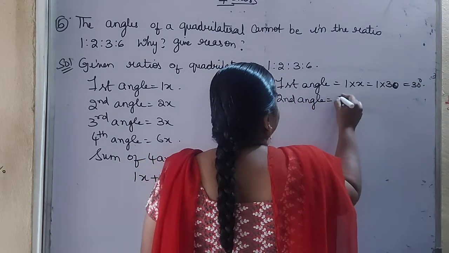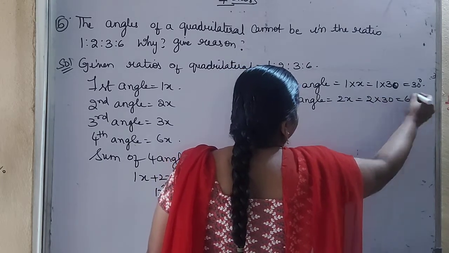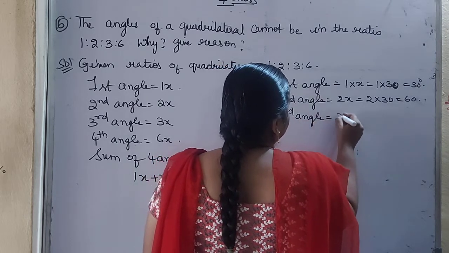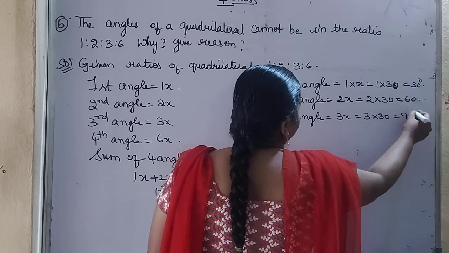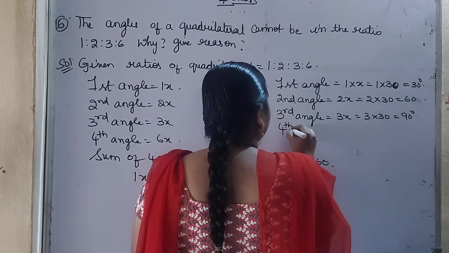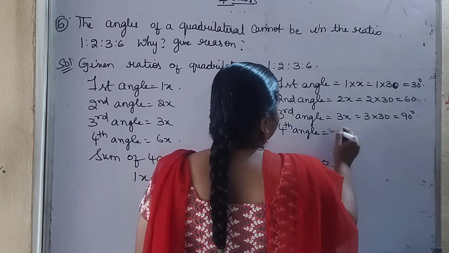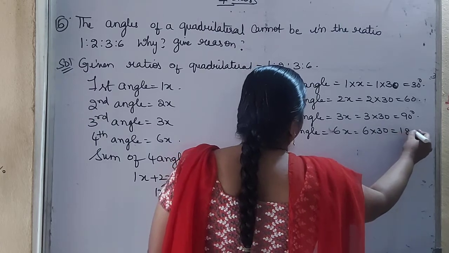The second angle is how much? 2x. That is 2 into 30, that will be equal to 60 degrees. The third angle is 3x. So 3 into 30 will be equal to 90 degrees. The fourth angle is 6x. So 6 into 30 will be equal to 180 degrees.